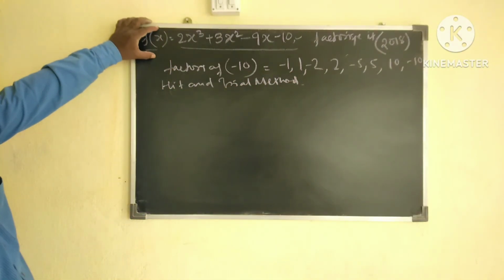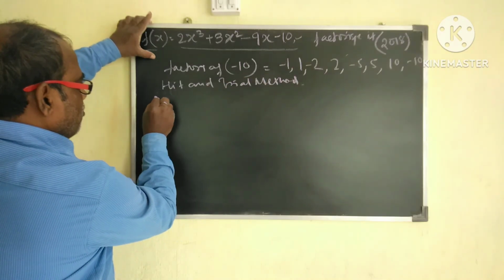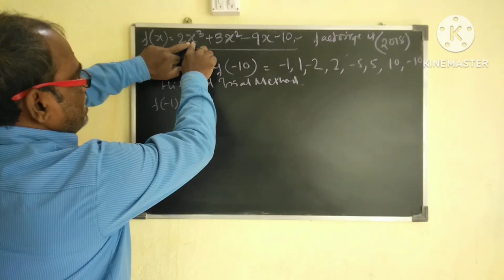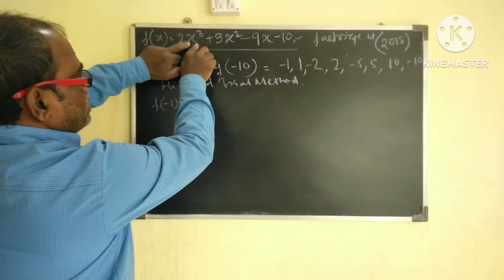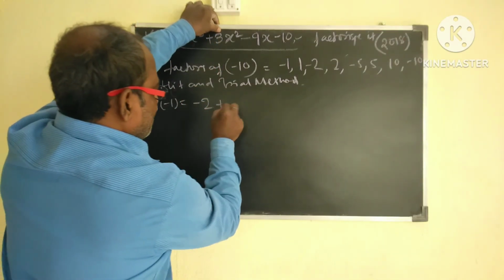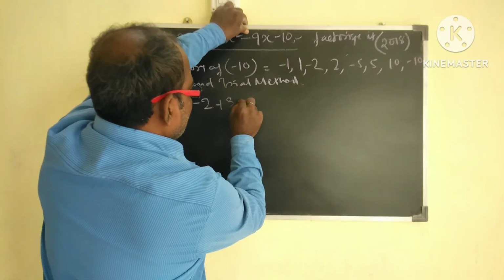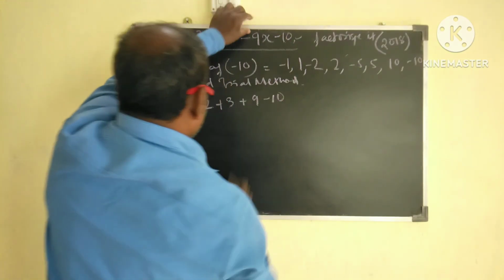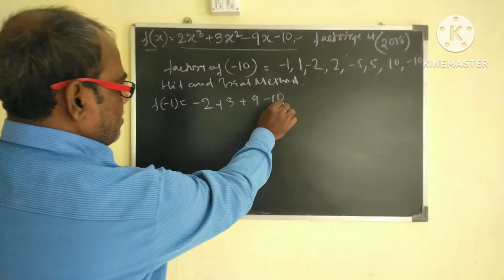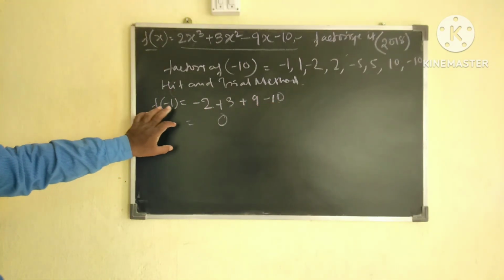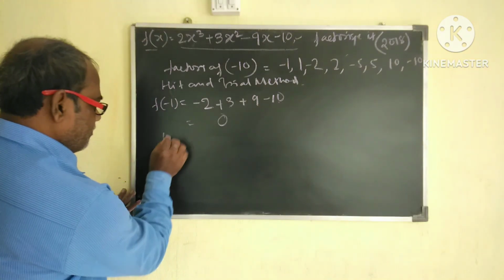Since we have taken this function as f of x, first we go with f of minus 1. Now f of minus 1 becomes minus 1 whole cube, that is minus 1 into 2 is minus 2, plus 3, plus 9, and minus 10. So minus 2 minus 10 is minus 12, and 9 plus 3 is 12. So this becomes 0, so f of minus 1 equals 0.